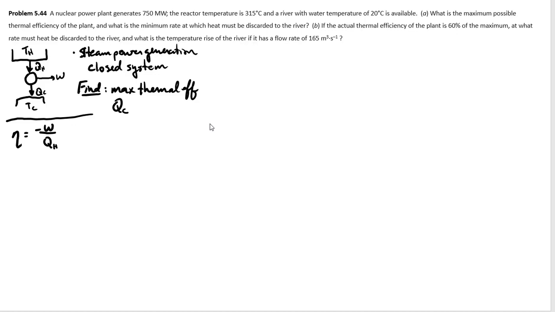That is, how much work do we get out of an engine when we put in a certain amount of heat. The reason we have the minus sign is that work leaving our system is negative, so that we have a positive efficiency. So that's the first thing I would think about when solving this problem: the maximum thermal efficiency.